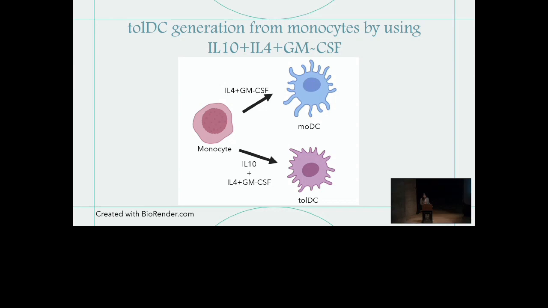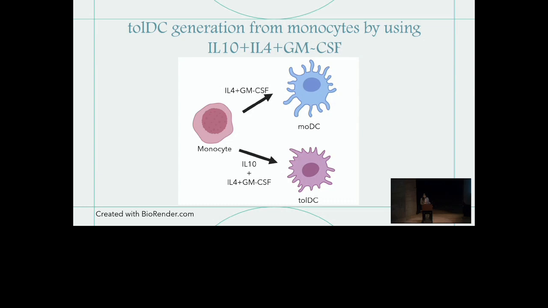It is also possible to obtain dendritic cells that, when we incubate them with LPS, become mature. So they are the counterpart of the tolerogenic dendritic cells that turn off the inflammatory response.